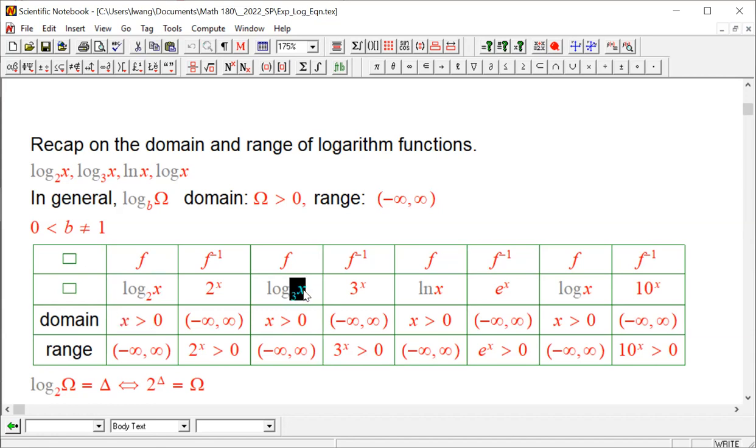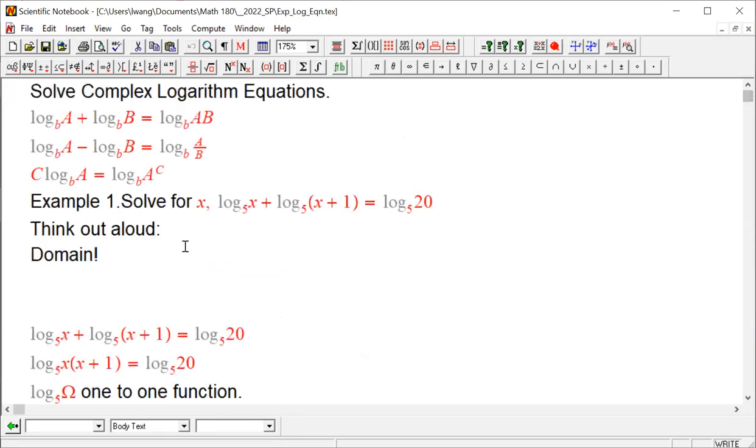Whatever the logarithm applies to, that input has to be positive. The output is all real numbers, that's not a problem. So for all of the logarithm functions, we need to first determine the domain.